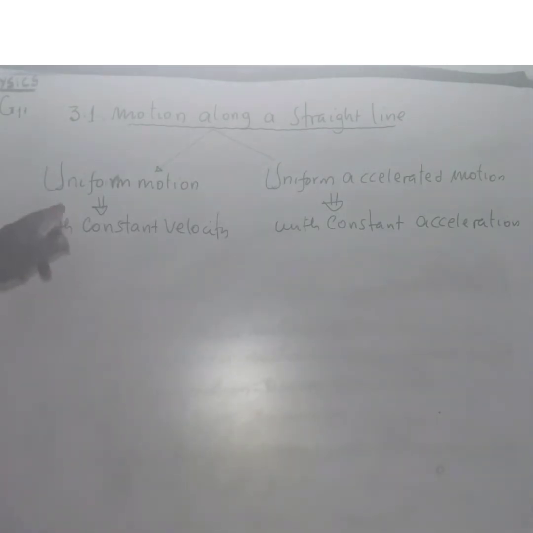So when a body moves equal displacement in equal intervals of time, then the velocity is constant, and such motion is uniform motion.